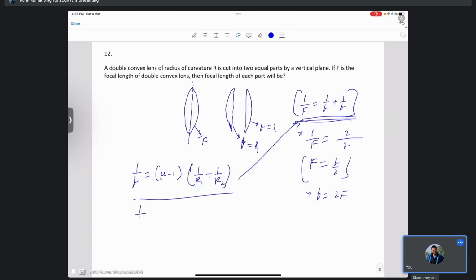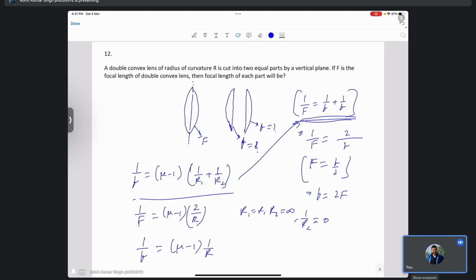So let's put 1 by f equal to mu minus 1 times, this will be simply 2 by r. And for the plano convex lens here, you have r1 equal to r, but r2 will be infinity. So 1 by r2 will be 0, right? And so you can calculate 1 by f as mu minus 1 times just 1 by r, right?